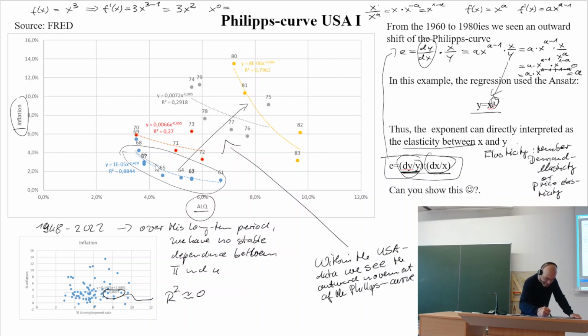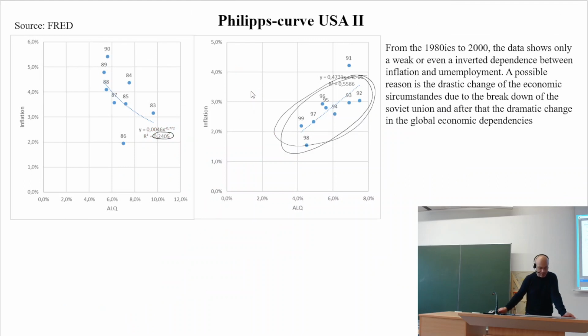There we more or less can see that over time, from the 60s to the 70s, to the end of the 70s to the 80s, we have a quite stable dependence, which can be explained by our mechanism of the Phillips curve. And if we go further in time, then we find that this dependence becomes weaker.